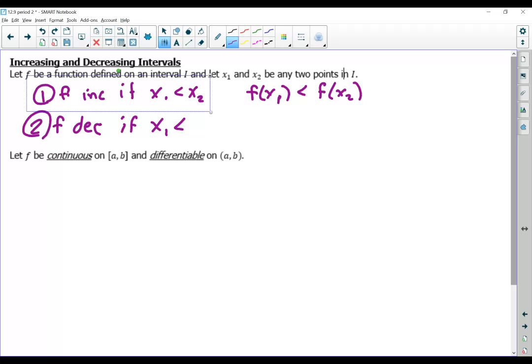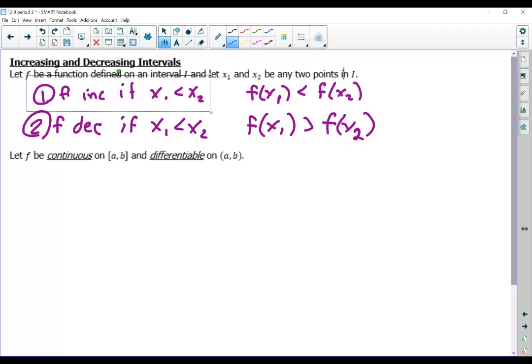Decreasing means if I have a left x and then a right x, the left x is higher than the right x. Those are the definitions of increasing and decreasing. Functions that are strictly increasing or strictly decreasing, we call monotonic, like single behavior.